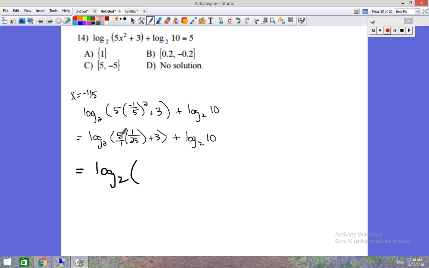And we see that 5 times 1 is 5, 1 times 25 is 25, 5 over 25 reduces to 1/5. We're going to rewrite this number 3 with a denominator of 5 so that we can add these.